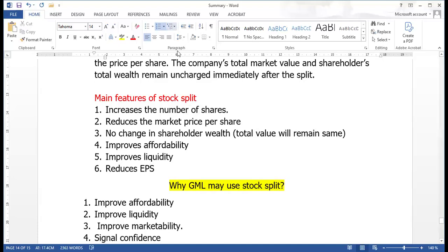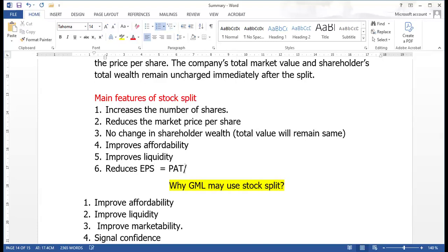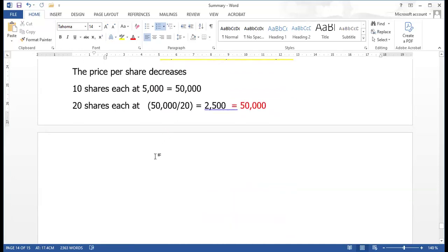Do you agree? Because here you are getting profit over number of shares. Now this number of shares will be very high, you will have a higher figure in the denominator, and that reduces EPS. So it has no effect on the capital structure. I really believe it doesn't have an impact on your capital structure. Why? The total equity remains the same.